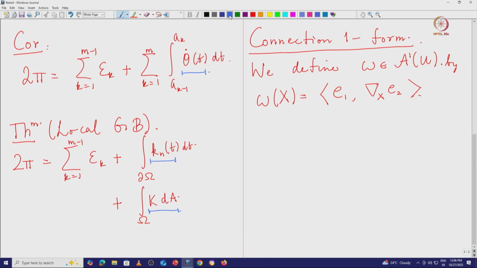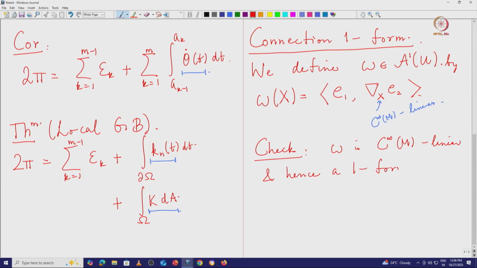Now because covariant derivatives are C infinity linear in those components, one can check that omega is C infinity linear and hence a 1 form. That's a simple calculation, I'll leave that as an exercise.